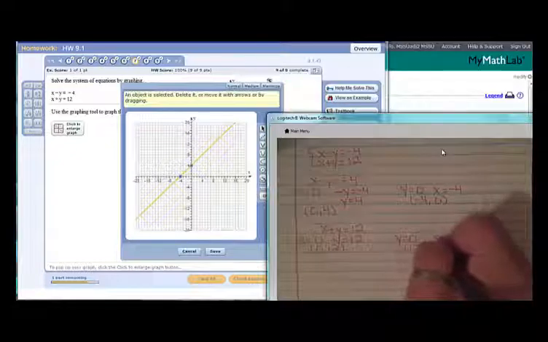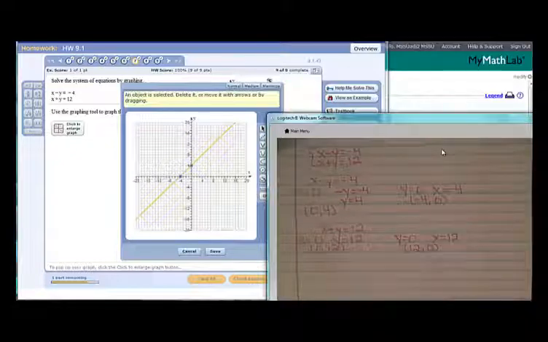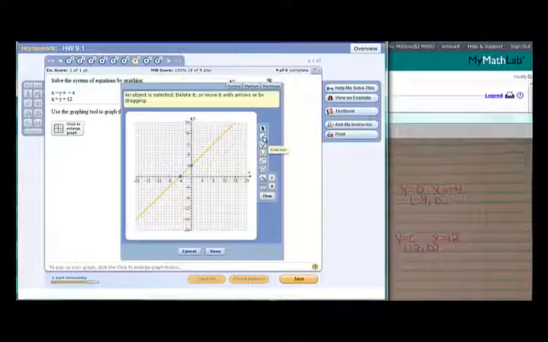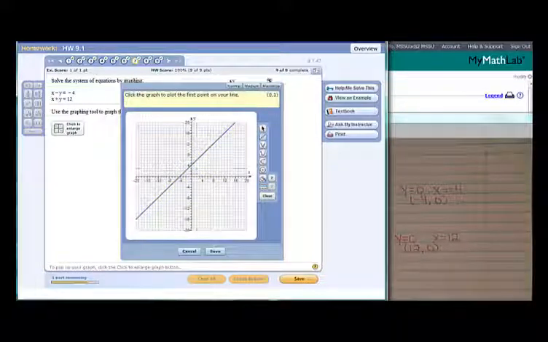There was no math really involved in those. So (0, 12) and (12, 0). That's what I need to graph for my second line. So again, I need to select my line tool, and then I need to do (0, 12) and (12, 0).